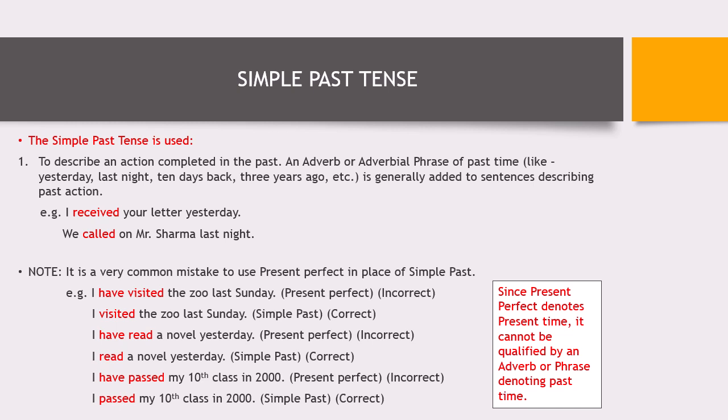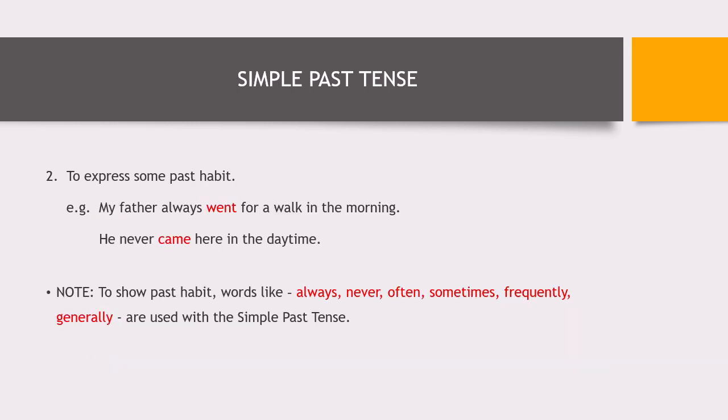Present perfect, incorrect. I read a novel yesterday. Simple past, correct. I have passed my 10th class in 2000. Present perfect, incorrect. I passed my 10th class in 2000. Simple past, correct. Simple past tense.